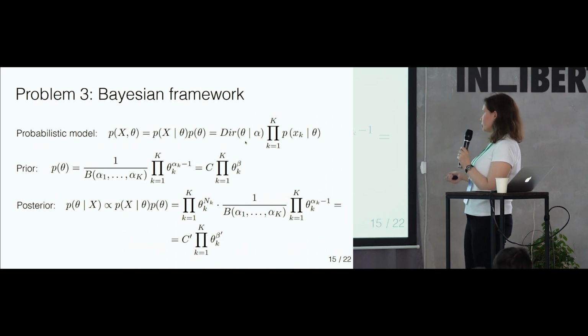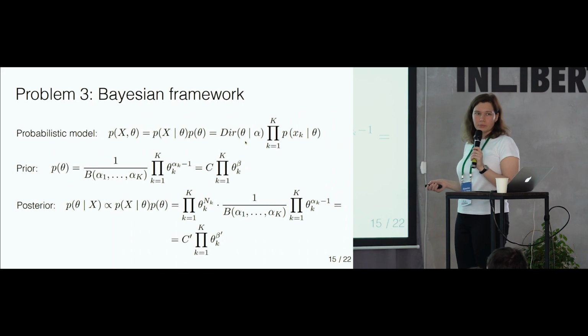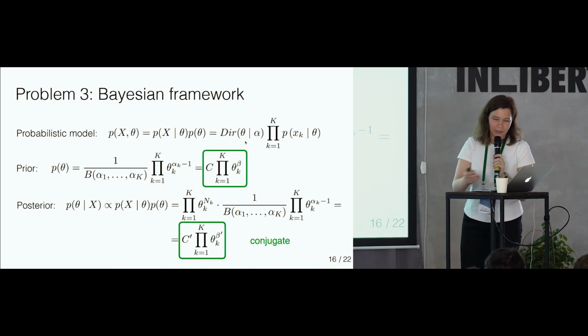So we write down this product and see that the functional form is the same. Only constants are different. Do you see it? Okay, so our prior and posterior have the same form, so our prior and likelihood are conjugate.